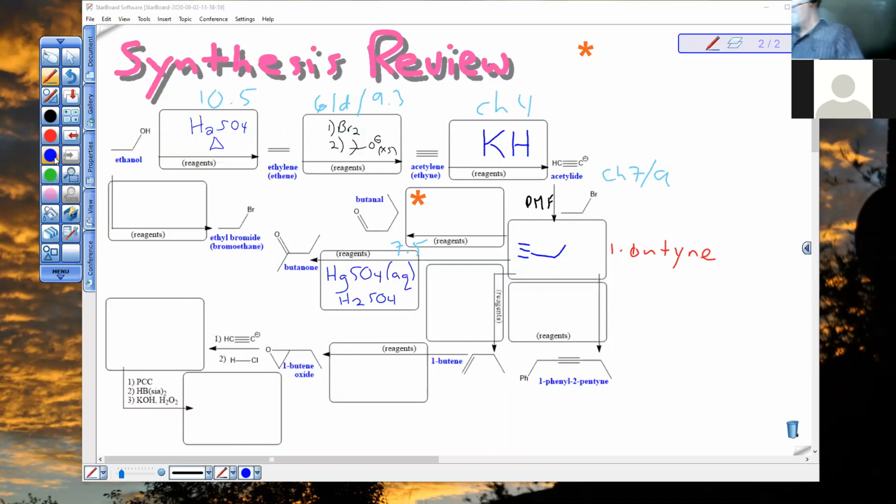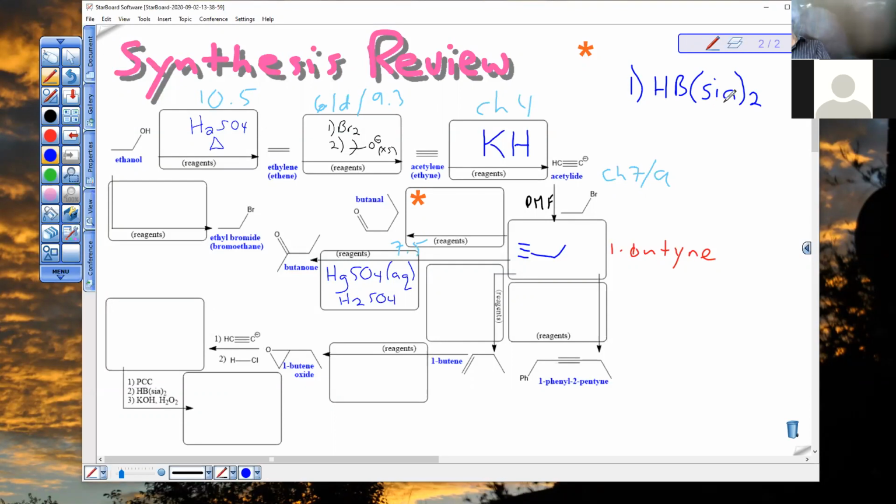And here we used a special version of boron that you might want to review. Sec-isoamyl. There's two of them on something called borane. Borane is BH3.